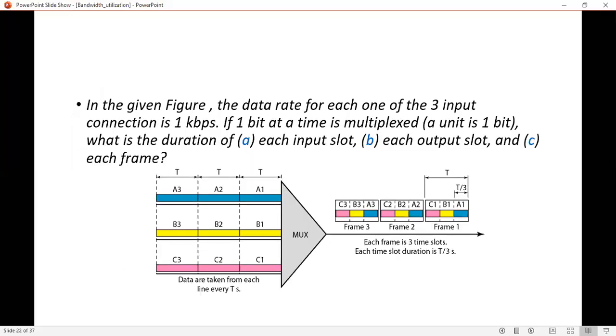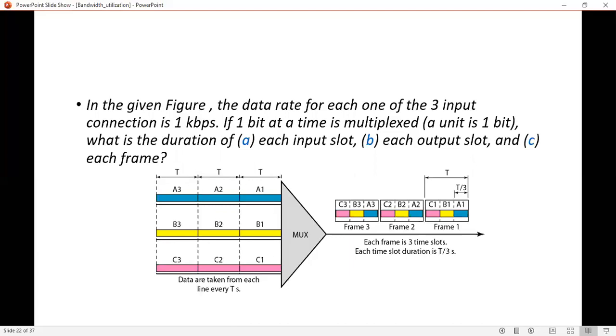Now let us discuss one example to understand this concept. In the given figure, the data rate for each one of the 3 input connections is 1 kbps. That means line A sends 1 kbps, B sends 1 kbps, C sends 1 kbps each.